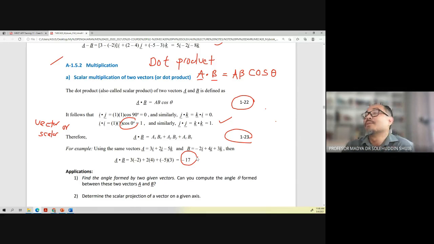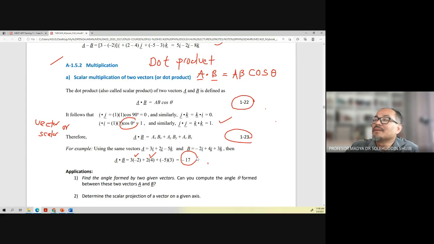So for the dot product, you multiply. A dot B is going to be A_x times B_x, so 3 times minus 2, 2 times 4, minus 5 times 3. So you get minus 6 plus 8 minus 15.